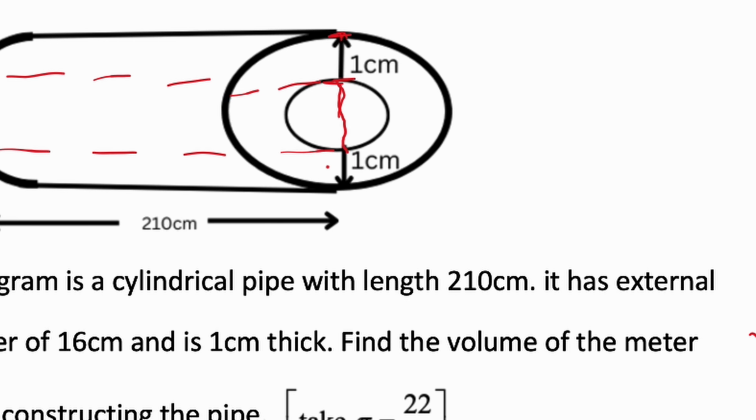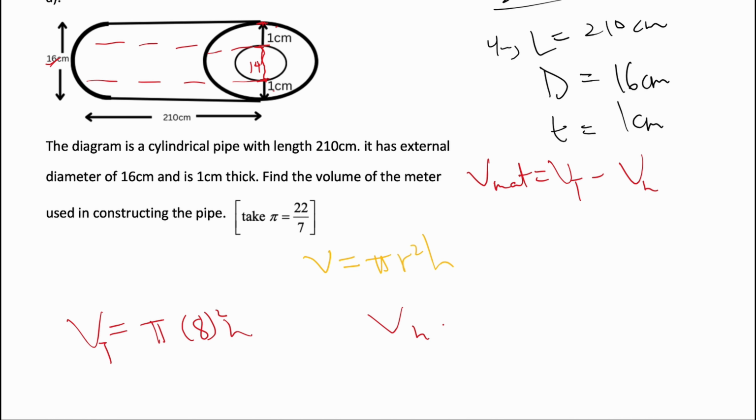So from here to here will be 14. So 14 plus 1 plus 1 is 16. So the diameter of the hollow space is 14. So the radius will be the diameter over 2, which is 14 over 2, and that will give us 7. So our V of hollow space will be pi times 7 squared h.